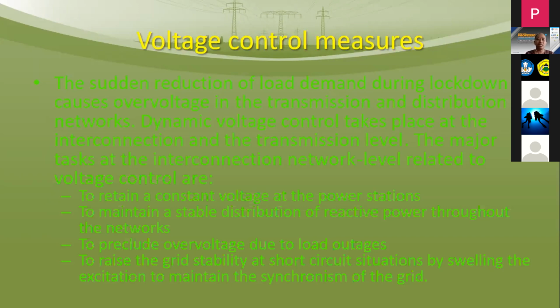The main tasks of the interconnection network level related to voltage control include retaining a constant voltage at the power stations, maintaining a stable distribution of reactive power throughout the networks, precluding overvoltage due to load outages, and also raising the grid stability at short circuit situations by swelling the excitation to maintain the synchronism of the grid.